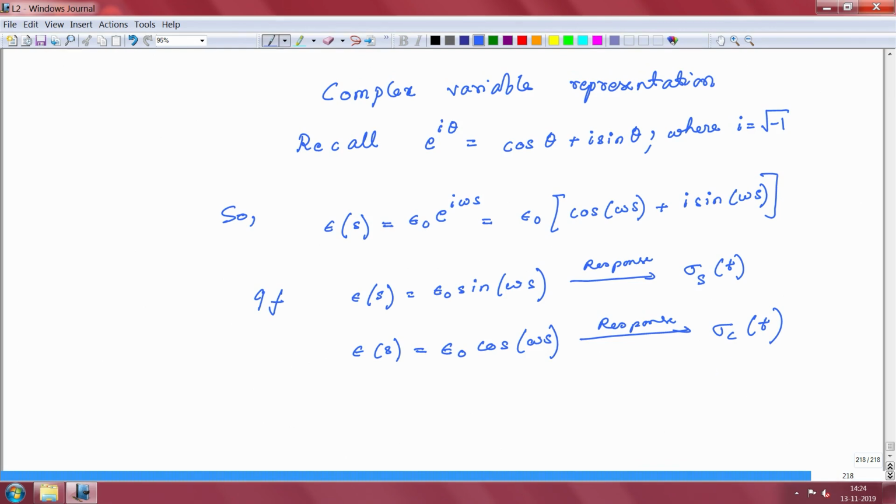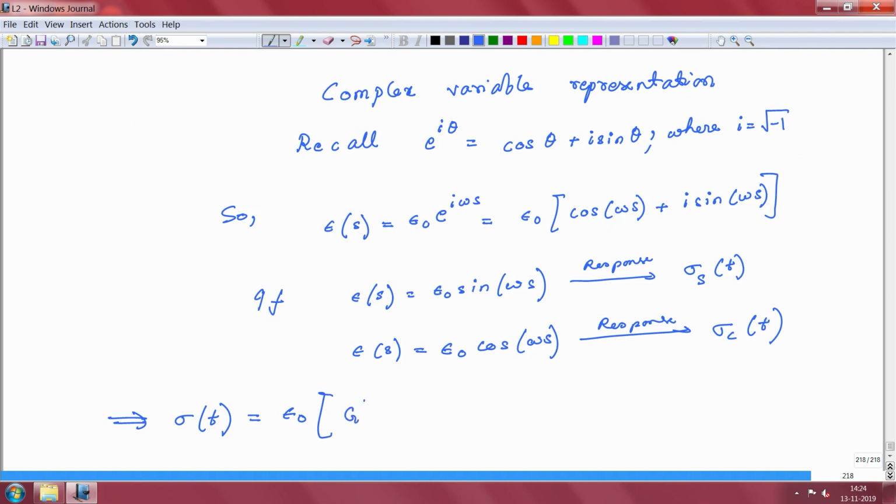So now if we use the result that we just derived in the previous class, then we can say that the expression for sigma t is going to be equal to epsilon naught. So now we just replace for the real part, we know that in the real part we have a cosine input, right.